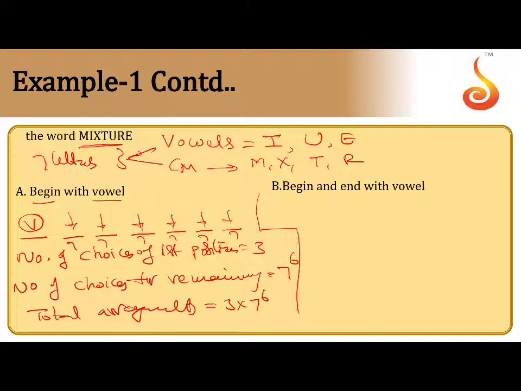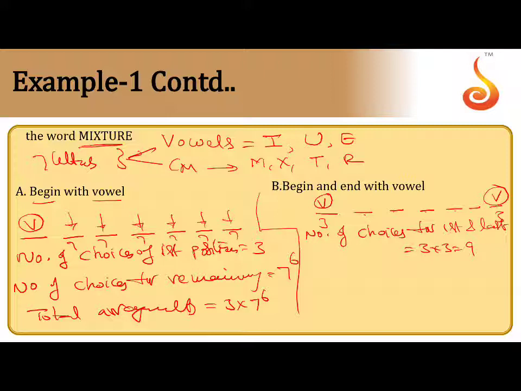Next, begin and end with a vowel. Second case, begin and end with a vowel. Positions 1, 2, 3, 4, 5, 6, 7. Begin with a vowel, end with a vowel. So the number of choices for the first and last positions, repetition is allowed: first 3 choices, last 3 choices, 3 into 3, 9 choices.